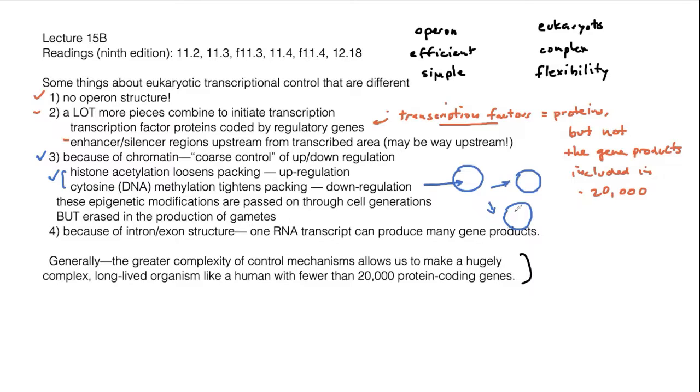If the histones are acetylated, that will also get passed down, right? We call these epigenetic modifications because they're kind of like on the surface of genes. The genes are on the DNA, and we're making changes to the genes or changes to the histone proteins. And these epigenetic modifications are passed down from one generation to the next.